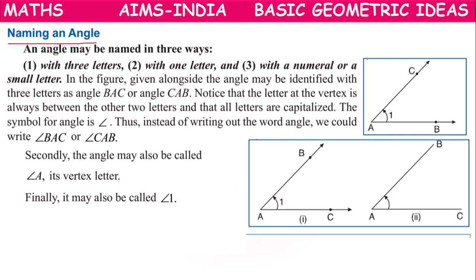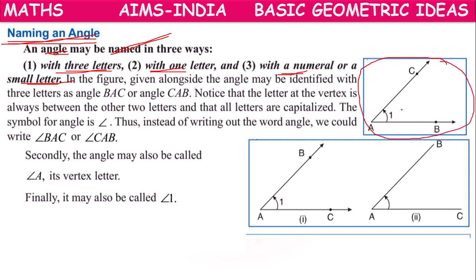Okay, children. Next, naming an angle. An angle may be named in three ways: with 3 letters, with a numeral, or with a small letter. So here we have this diagram.